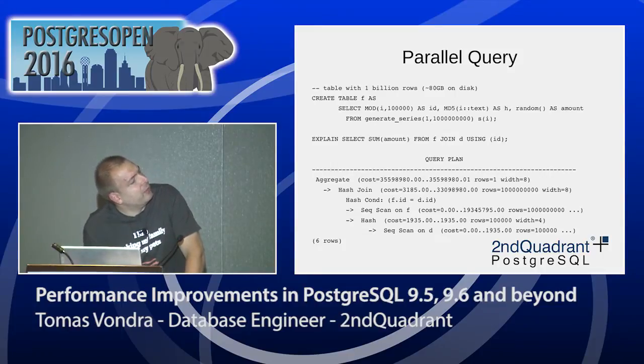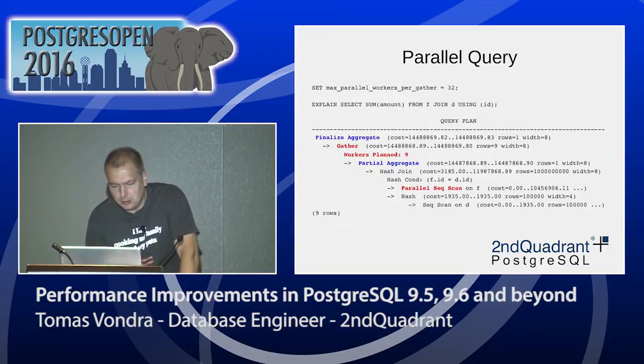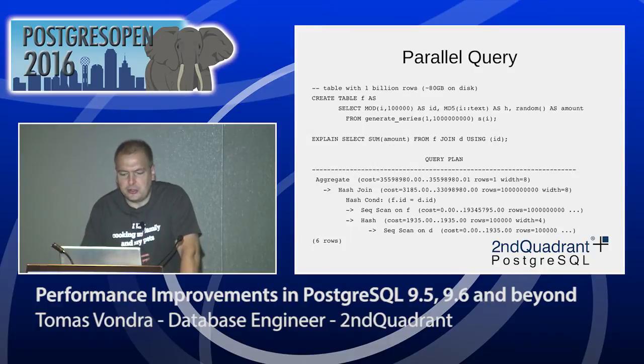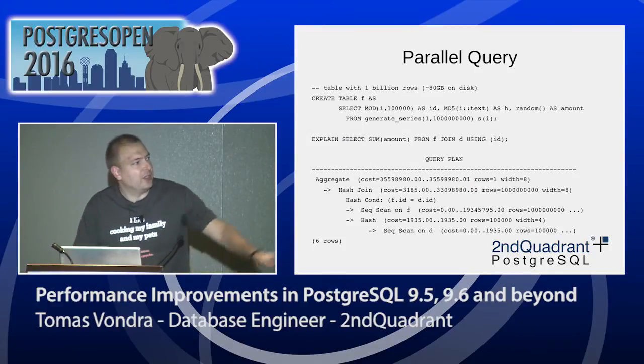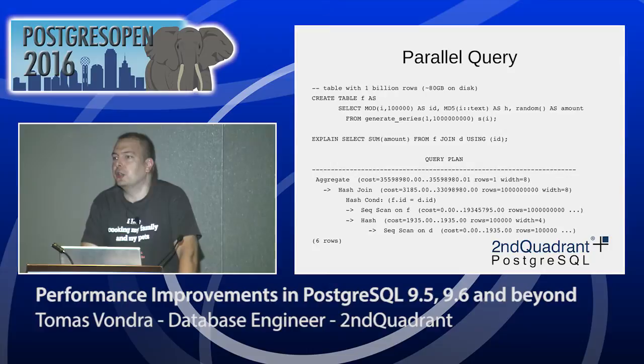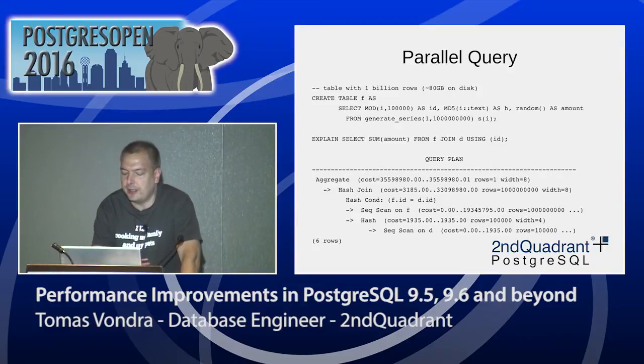OK, so this is a wrong plan, I think. Yeah, I think there should be a join. Yeah, it's actually a join to the dimension table, right? So it's doing a join and aggregation on that. And this is a plan that you will get on 9.5 or even 9.6 without enabled parallel query.